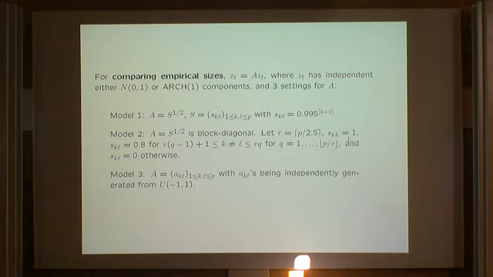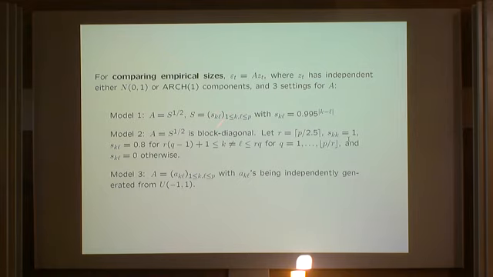Then this is a white noise, but not the IID case. And for A, we use 3 different settings. This one decays exponentially when you move away from the main diagonal. This is a block diagonal structure. And this one is just, blindly, uniform on -1 to 1.